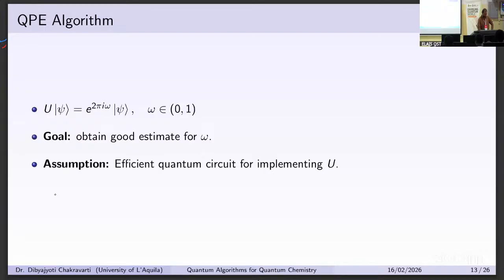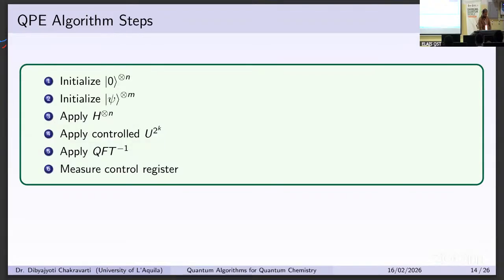We want to obtain a good estimate of the eigenvalue. We know nothing about the eigenstate. We only know the unitary. The only assumption for a QPE algorithm is that operator U can be efficiently implemented as a quantum gate. So assuming that, we move on to the steps in a QPE algorithm.